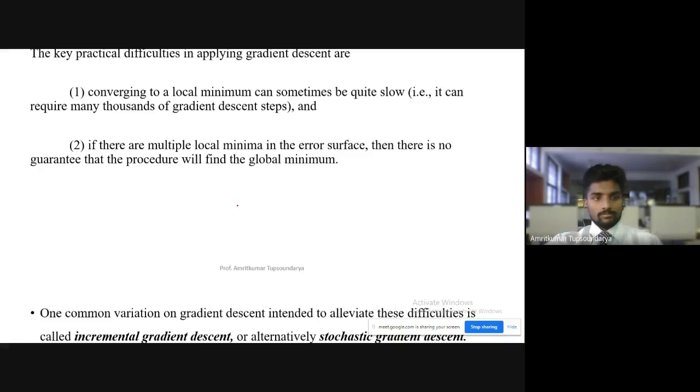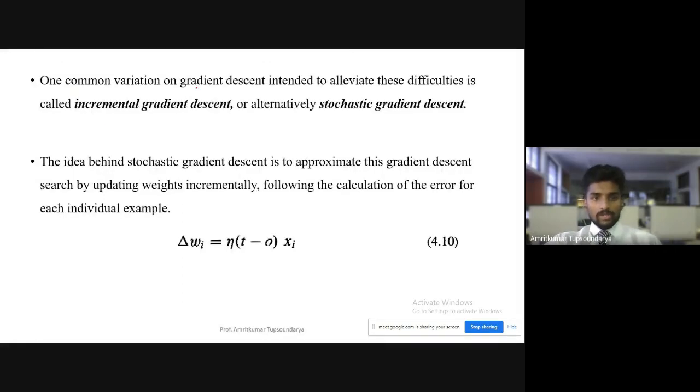So one common variation of gradient descent to address this difficulty is called incremental gradient descent. In the previous case, as we have seen, we used to find the steepest increase in the error, and we negated that steepest increase in order to decrease the error.